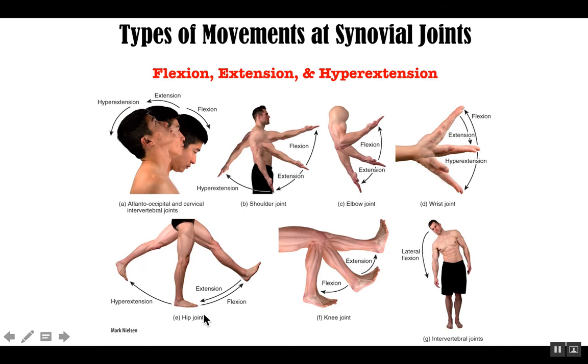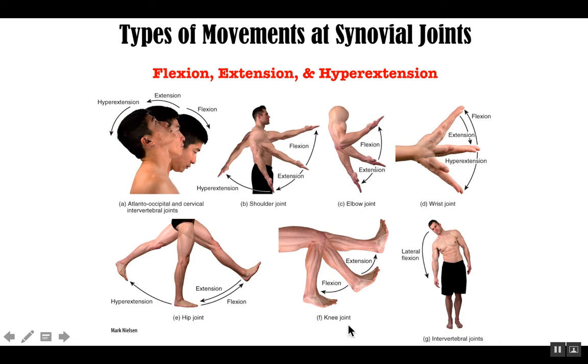Your hip joint is much like your shoulder joint, in that it's a ball and socket joint that allows a lot of motion. You can flex your hip, you can extend your hip, and you can hyperextend your hip. Notice some joints allow hyperextension. Other joints do not. We do not like to hyperextend at the elbow. We do not like to hyperextend at the knee.